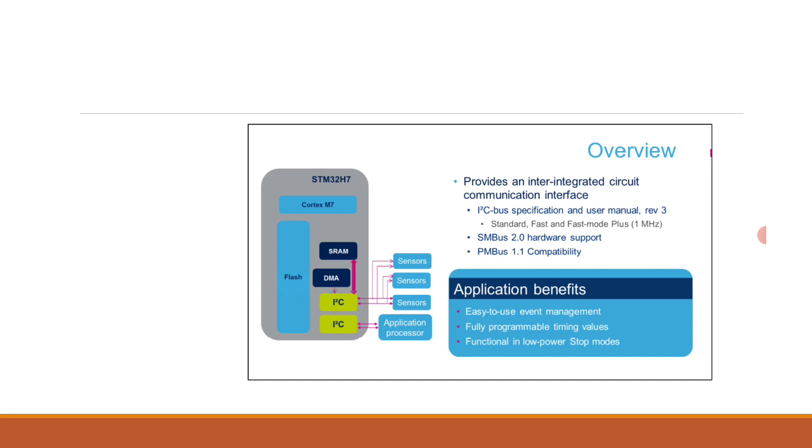Additionally, the I2C peripheral is functional in low power stop modes as shown in this. So benefits are easy to use event management, fully programmable timing values, functional in low power stop modes.